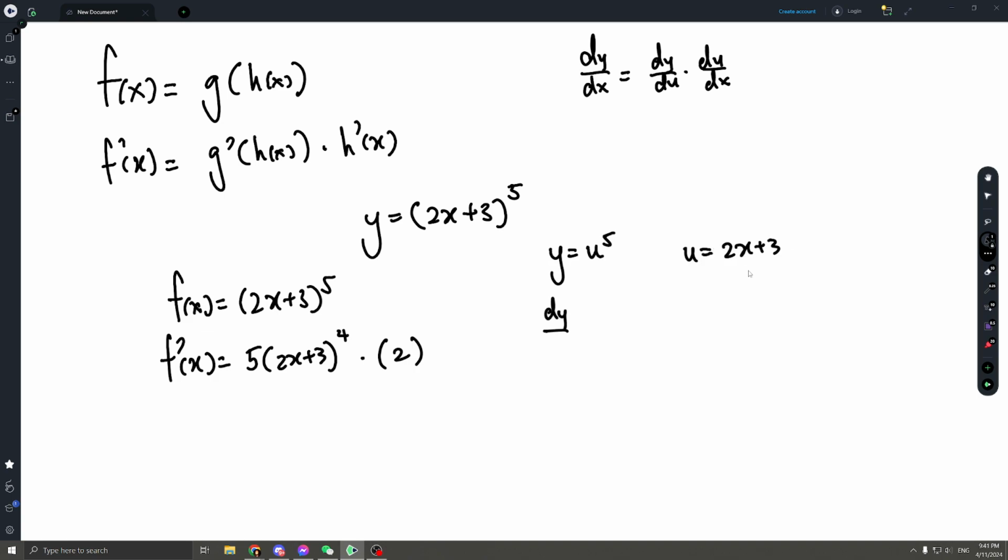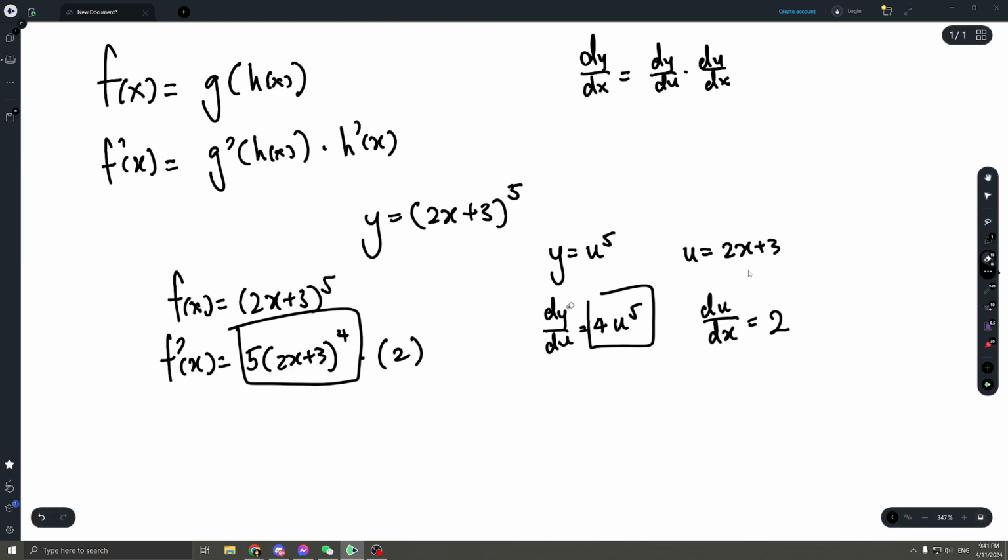So now it's just a matter of doing both of them separately. So 4u^5, and this is, my handwriting is a bit crooked, du/dx is equal to 2. So let's just quickly observe both of these things. Now, this part looks very, very similar to this part, right?